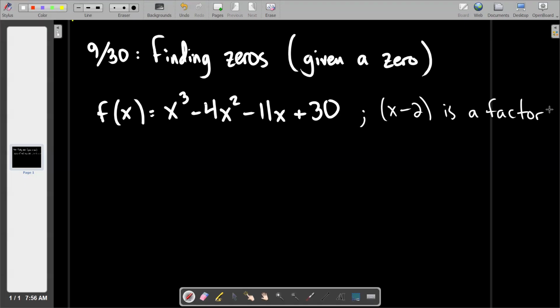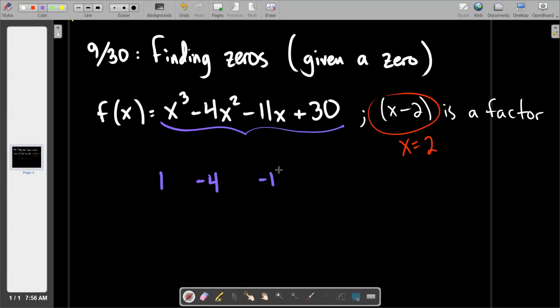But for today, something magic's going to happen. So the fact that x minus 2 is a factor is huge. It means that x equals 2 is a 0. And what that also means is that I can set up my purple numbers now and do some synthetic division. And that's what happens when we chip it down. So my purple numbers come from this polynomial right here, the dividend, right? So my purple numbers, remember, are 1, -4, -11, and +30.